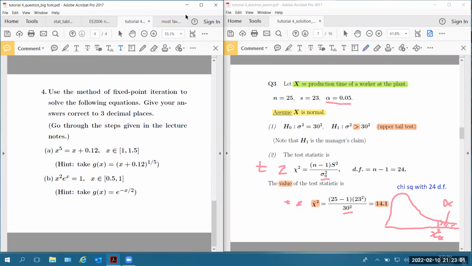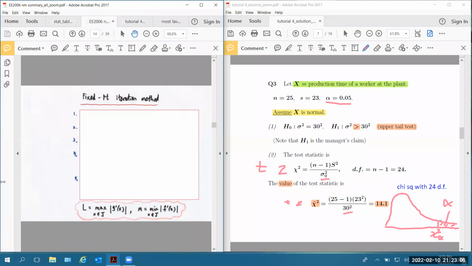Tonight we are going to solve equations. The problem is very simple. We want to solve equations, and the first method that we learn is called the fixed point iteration method.